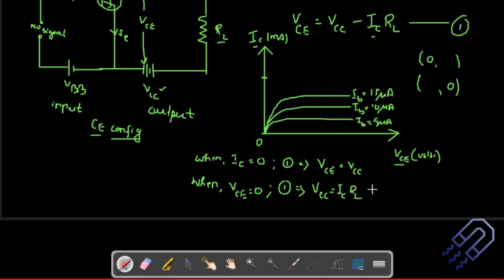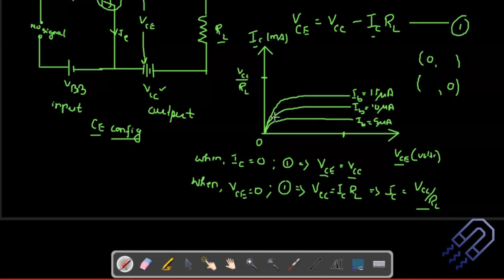On the y-axis it's IC, so IC can be written as VCC divided by RL. So in one part we have got VCE is equal to VCC, and let's say this is some point here. In the other part we have got IC is equal to VCC by RL, so we can say it is here, VCC divided by RL.